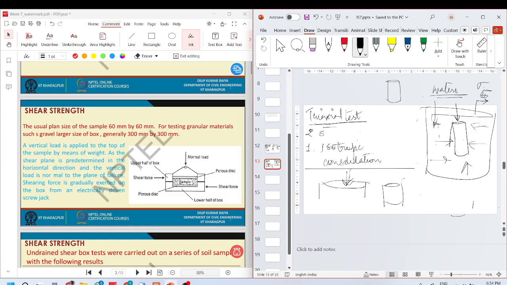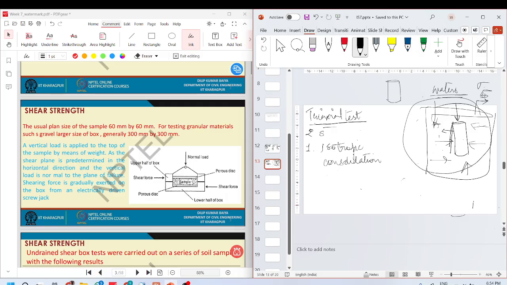This confinement is very different from the confinement in the triaxial test, because in the triaxial test your lateral boundaries are free to deform, while in the consolidation test your lateral boundaries are not free to deform. So the odometer test that you study in consolidation is not isotropic consolidation per se. Isotropic consolidation is this one, the first stage of the triaxial loading.